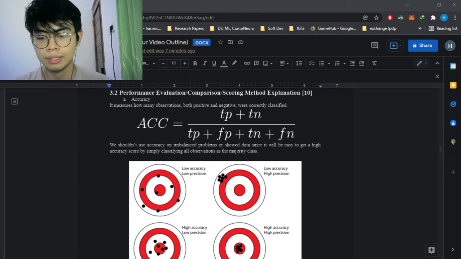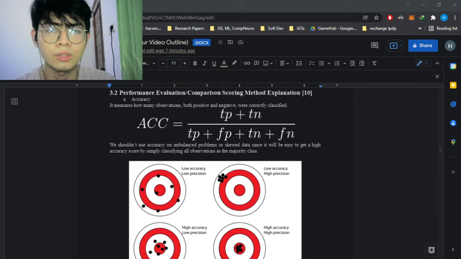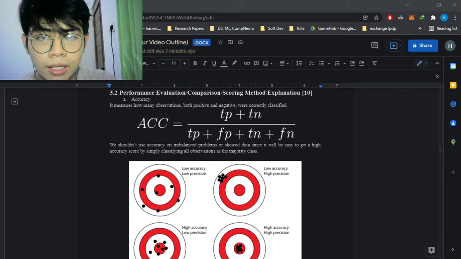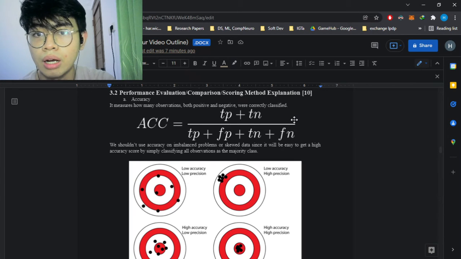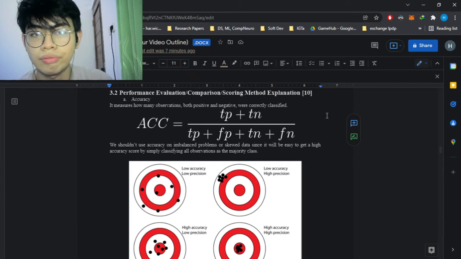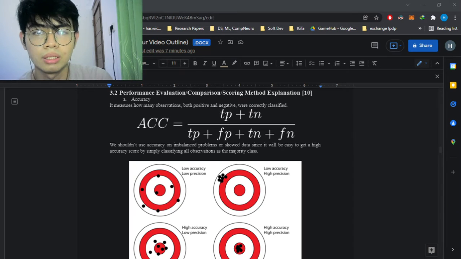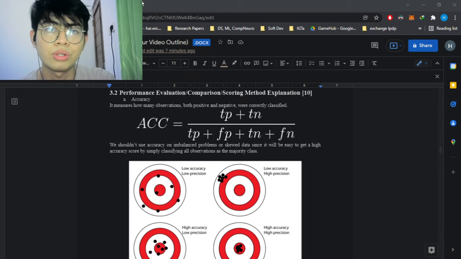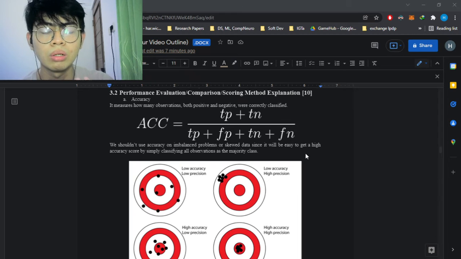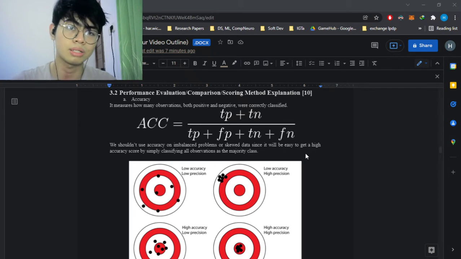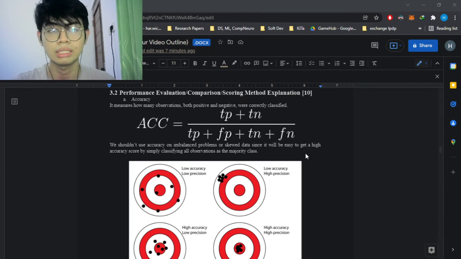Okay, so I suppose we'll start with accuracy. Accuracy is actually quite intuitive. Essentially, it measures how many observations are correctly classified, both positive and negative. So it measures the true results over the total number of data.